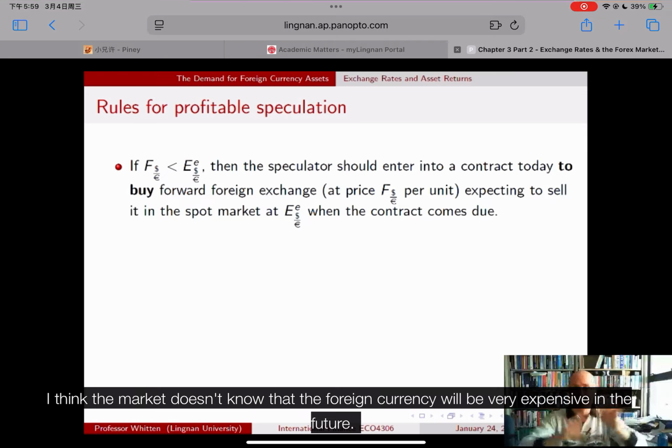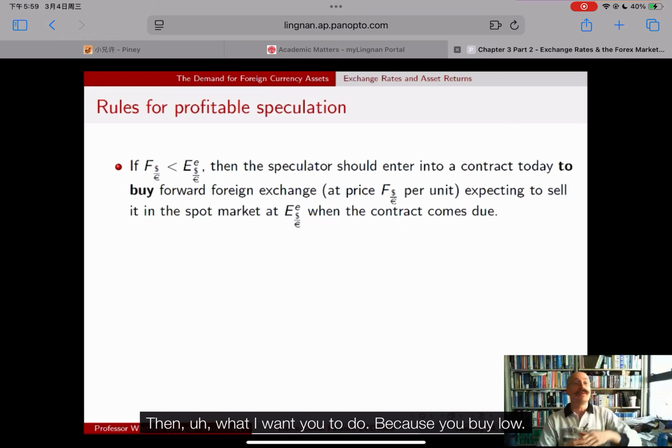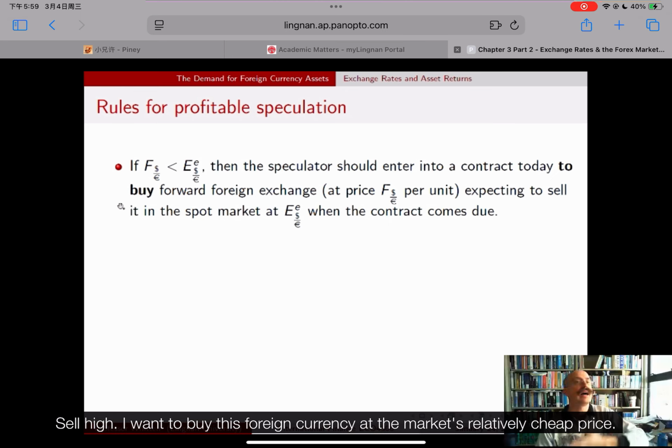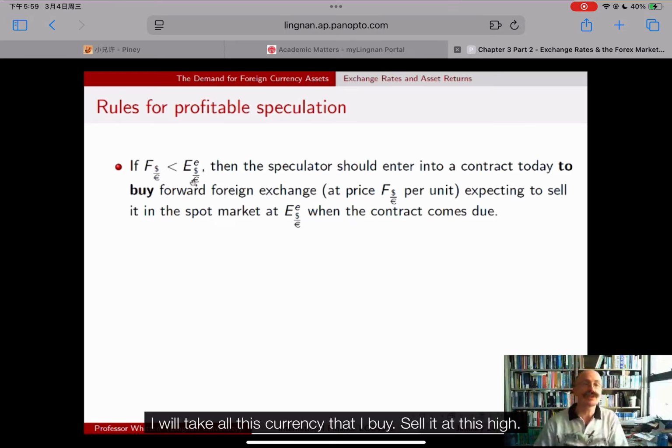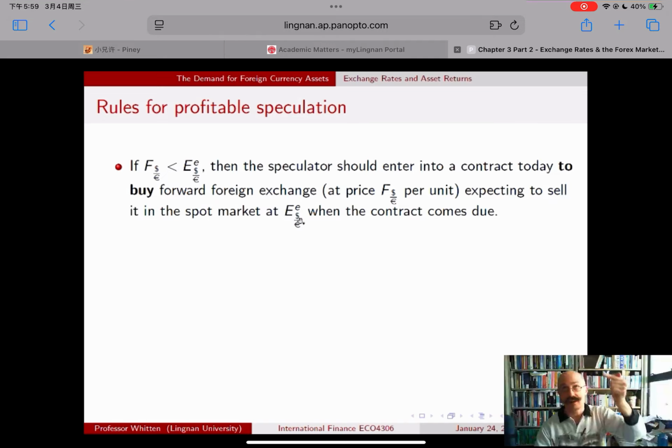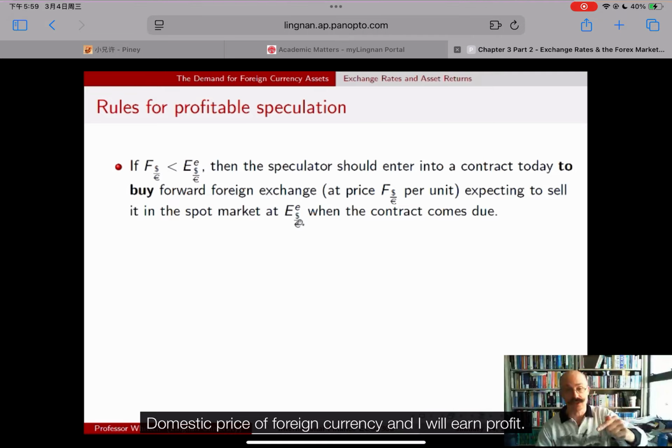I think the market doesn't know that. Then what I want to do, because you buy low, sell high, is buy this foreign currency at the market's relatively cheap price, and because I have a belief about the future spot price, I will sell it at this high domestic price of foreign currency, and I will earn profit.